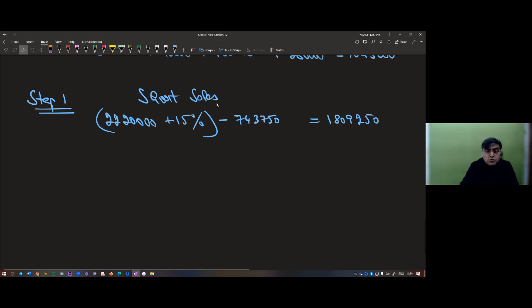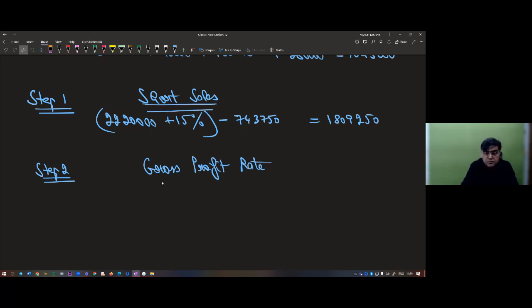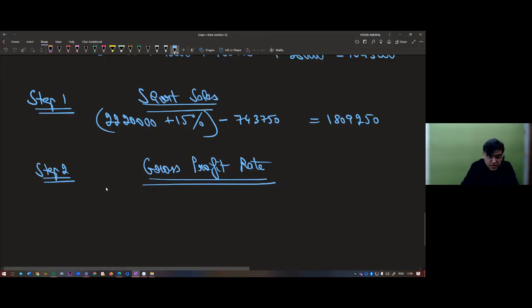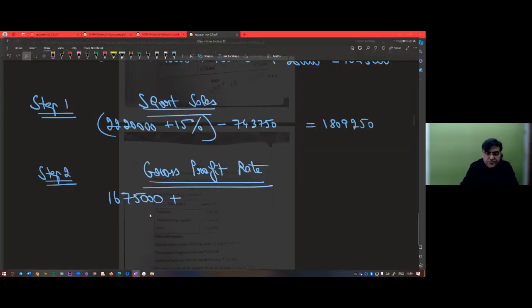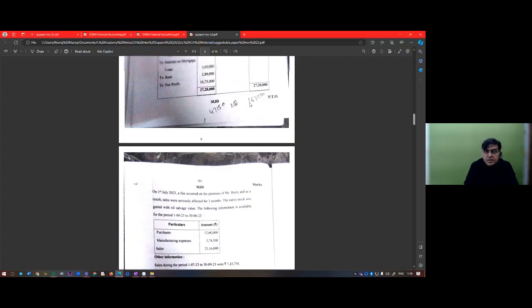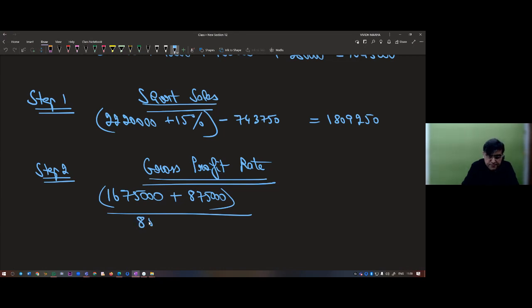Next step, step two. Gross profit rate. The gross profit rate is equal to net profit of the last financial year, the net profit 1675 plus insured standing charges 875, upon turnover 85 lakhs into 100.